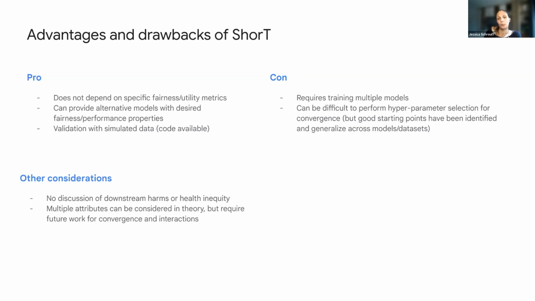So we believe that in this work we have found good starting points where you can start from this and do a fairly tight search over these hyperparameters. And we have seen that this generalizes across models and data sets.